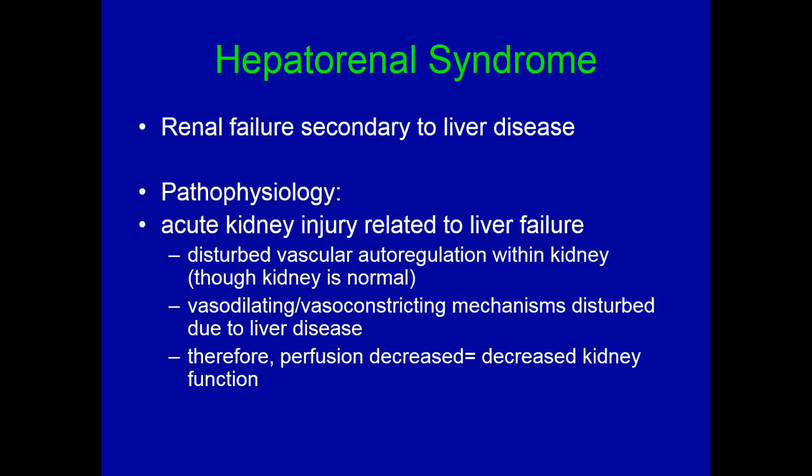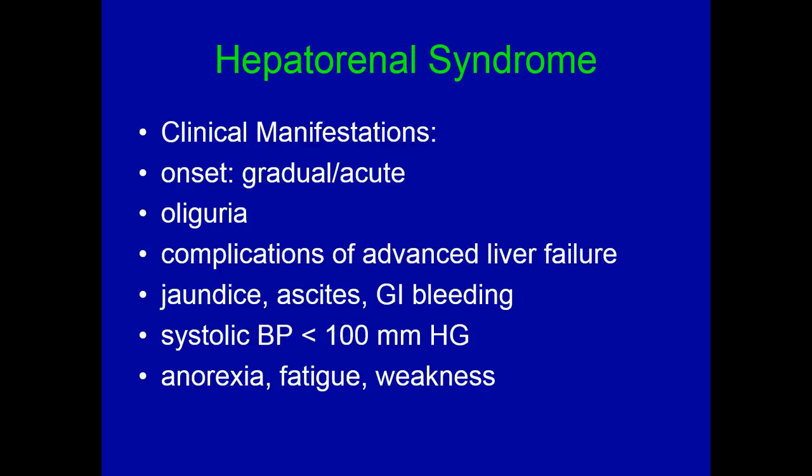So you'll see rising levels of creatinine, decreased GFR. Depending on how it takes place, it could be either; I probably should do acute and gradual for acute kidney injury and chronic kidney disease. So you can see a very rapid rise in creatinine or a very slow, prolonged rise in creatinine over time.